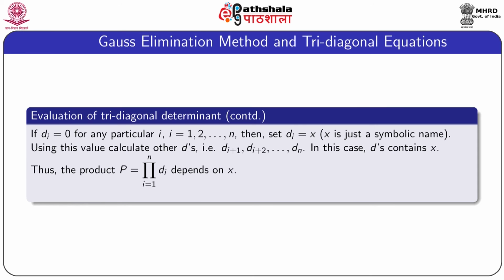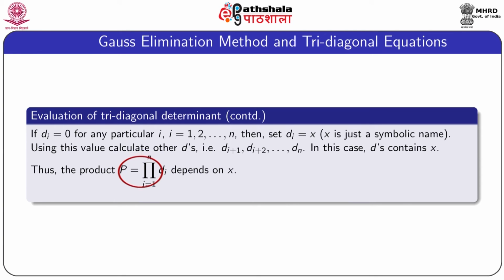But if Di equal to 0 for any particular i, then we say Di equal to x. Basically, x is a symbolic name and actually its value is 0. Using this value, we calculate the other D's, that is Di plus 1, Di plus 2 up to Dn. In this case, the D's contain x.